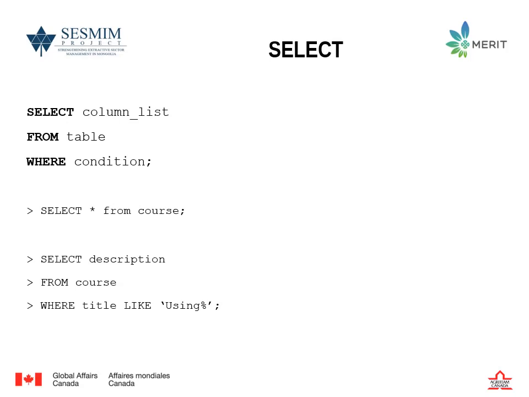And then the example below says select description from course, so select the description field from the course table where the title is like using. So title, that would be another field. Like is basically the same thing as equals, but in this case we have using followed by a percent sign.